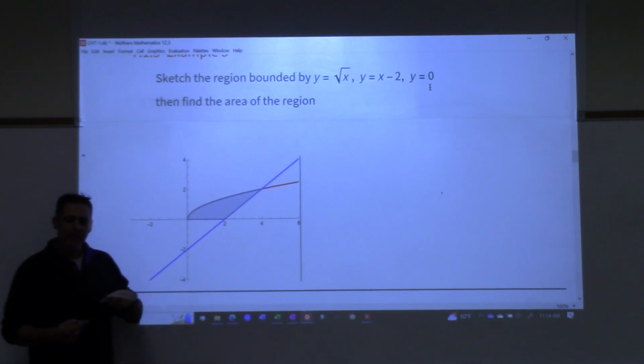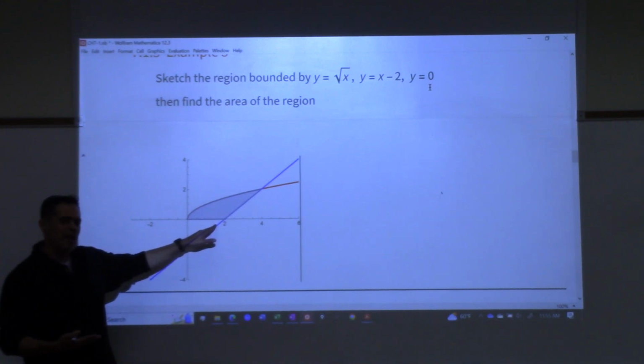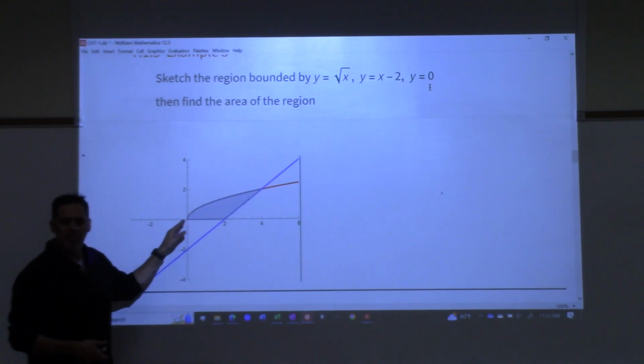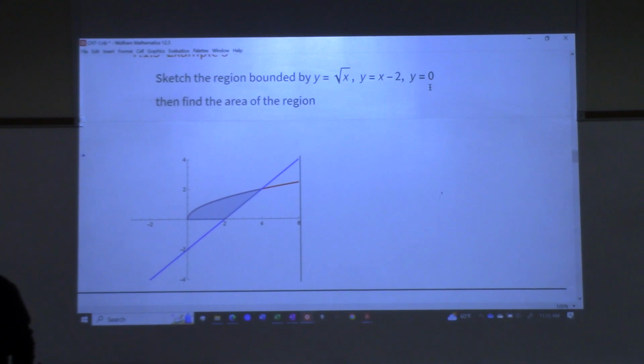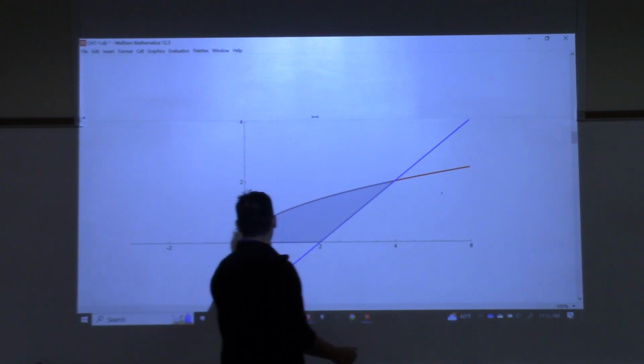But if we look at it in terms of horizontal rectangles instead, do you all see that the function on the right would always be the same and the function on the left would always be the same, like they'd never change? Okay, so imagine horizontal rectangles in here.